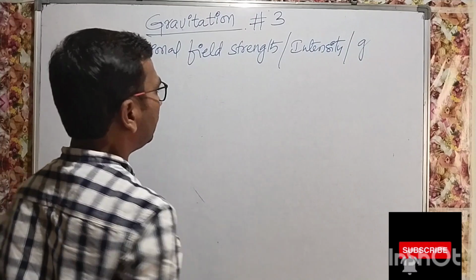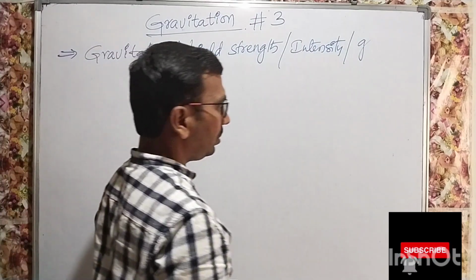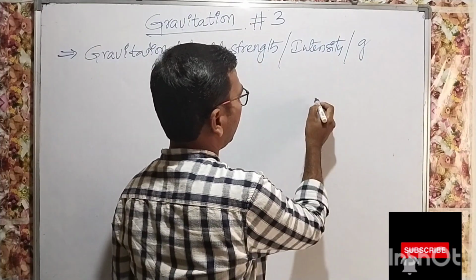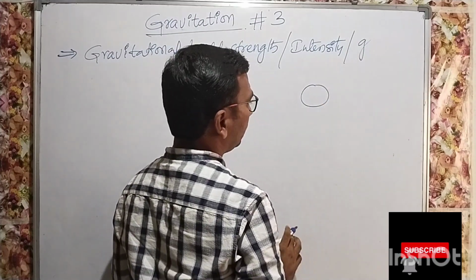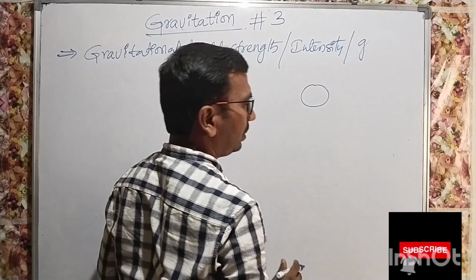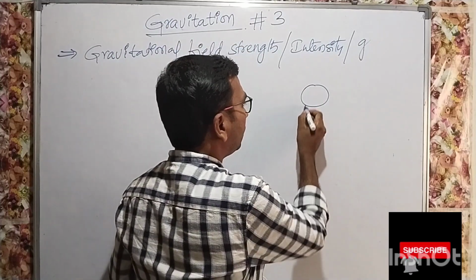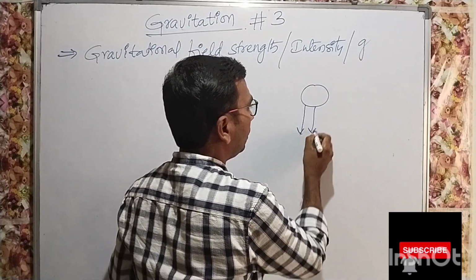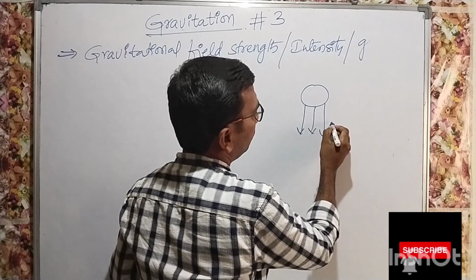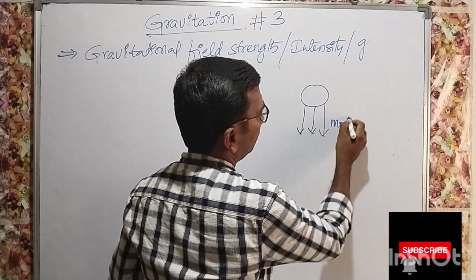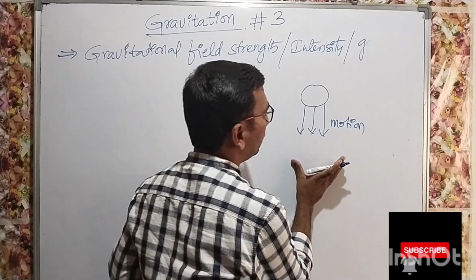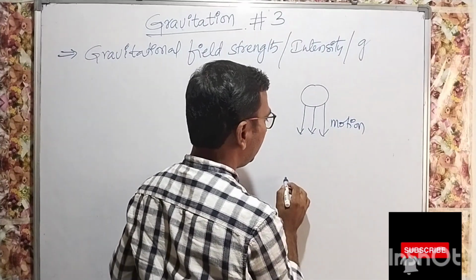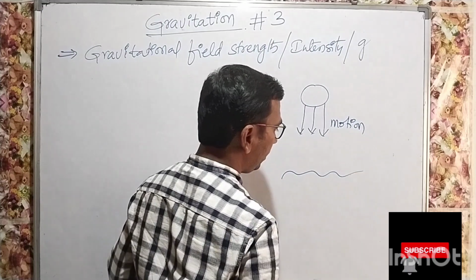So what is gravitational field strength? I will consider a small body of mass. You can release that mass, so that the body moves. Why does the body move? Consider the screen.